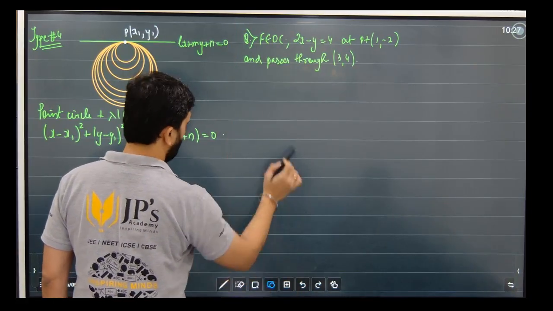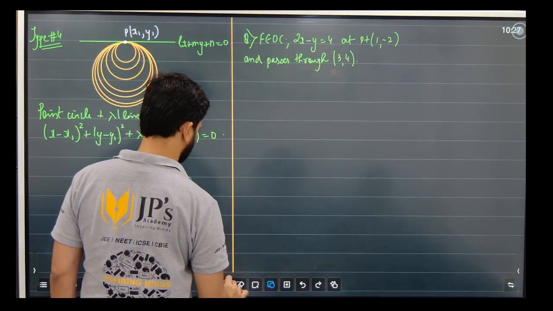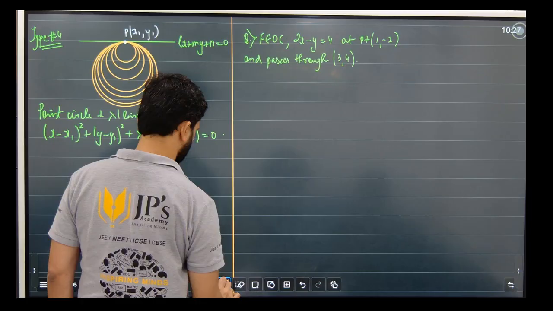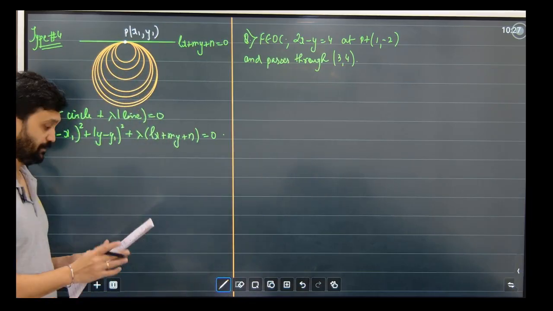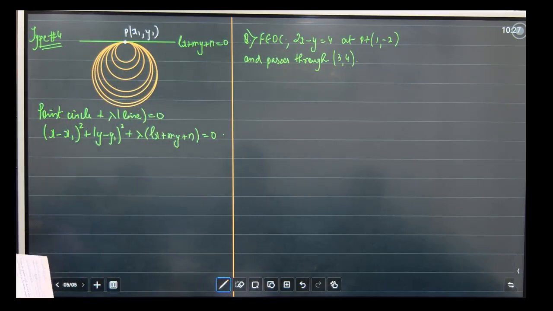It says touches, and it passes through the point 3 comma 4.